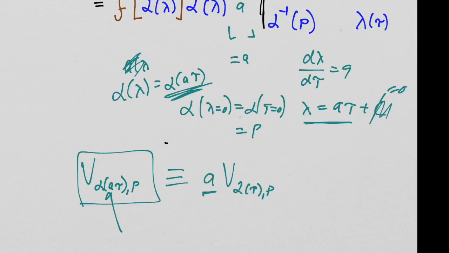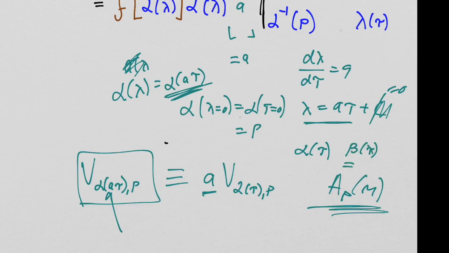So I know that the set A at P of M contains every single curve that goes through the point. So it includes the curve alpha of tau, and it also includes the curve beta of lambda, where the definition is beta of lambda equals alpha of a times tau.